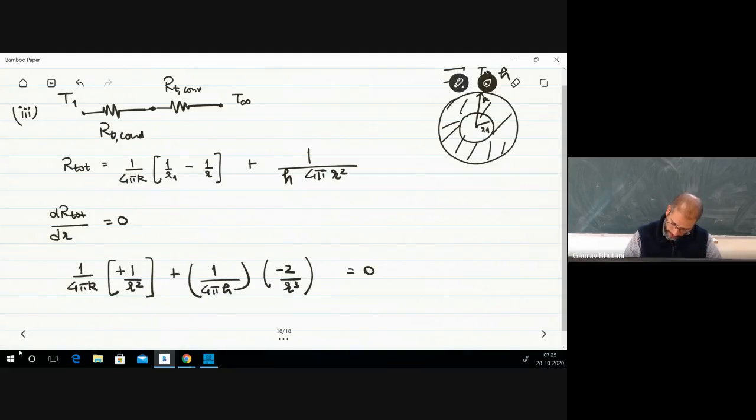Okay, so this 2 makes it a 2, so I can take 1 upon 2 pi common, and I can also take an r square common, and then I get 1 upon 2k, the first term.